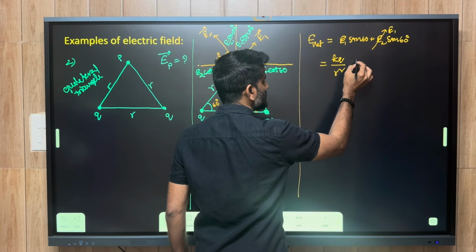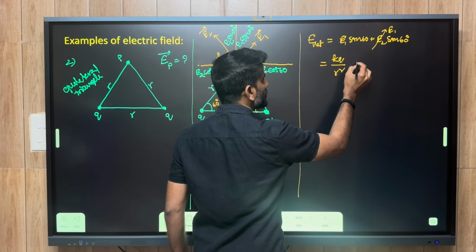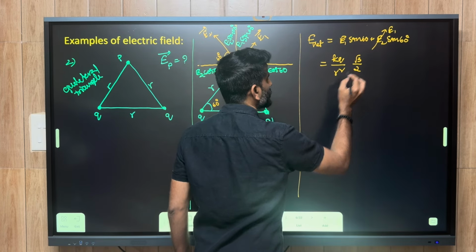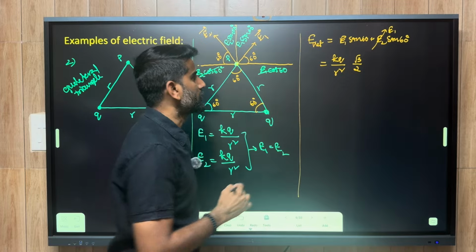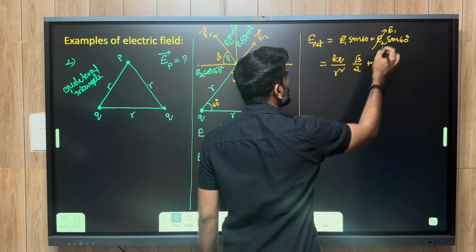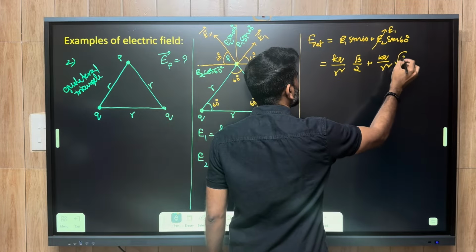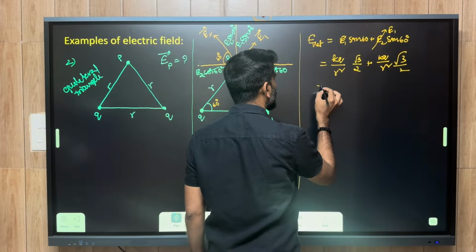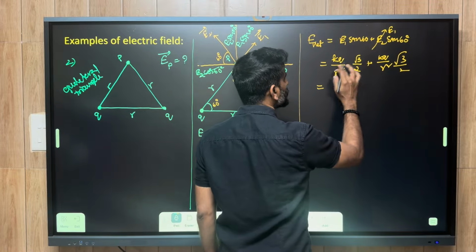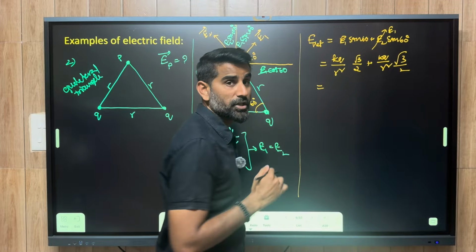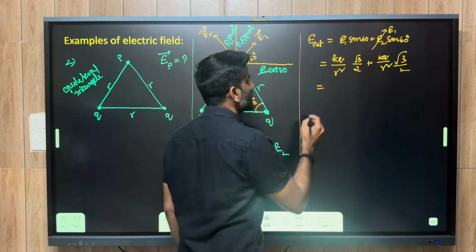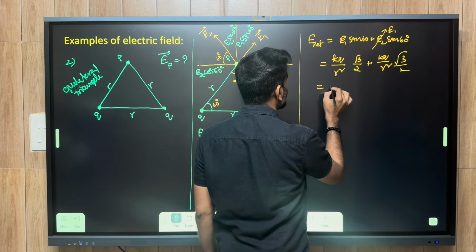Sin 60 is root 3 by 2, just like sin 30 is 1 by 2. Sin 60 is root 3 by 2, plus E1 is again KQ by R square times root 3 by 2 again. What are we left with? 2 times KQ by R square times root 3 by 2. The 2 will get cancelled. What are we left with?